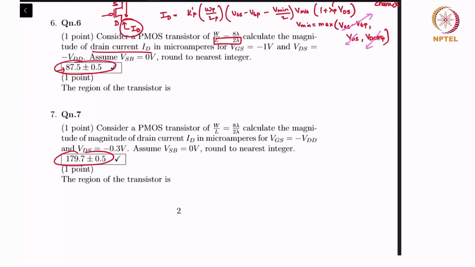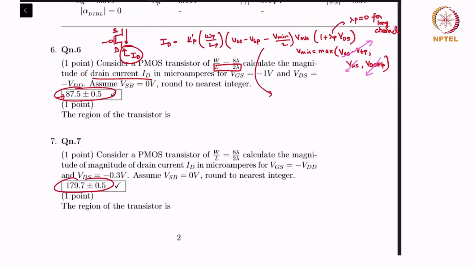Right, of course this current is only for when mod VGS is greater than mod VTP. Of course, VGS itself has to be less than 0.